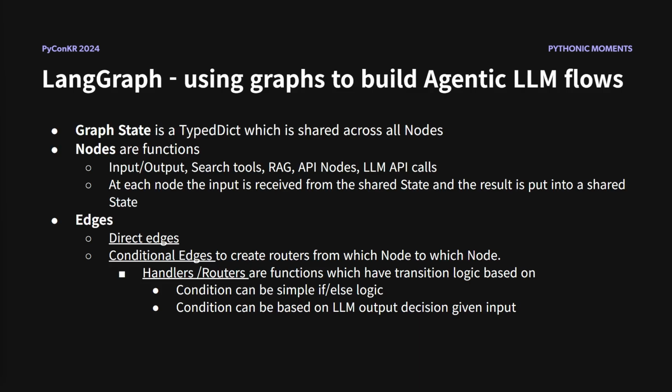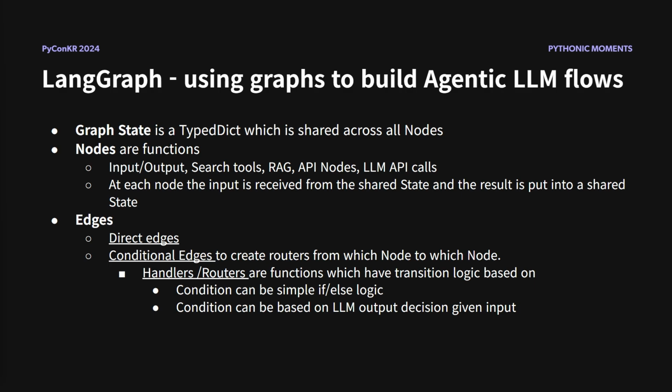Nodes in LangGraph are functions that handle various tasks like input and output and processing. Each node receives input from the shared state, processes it, and updates the shared state with the result. Edges define the flow between nodes.